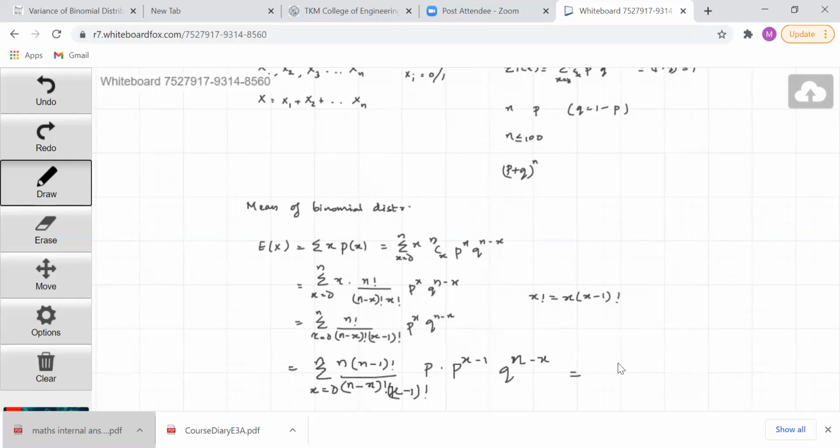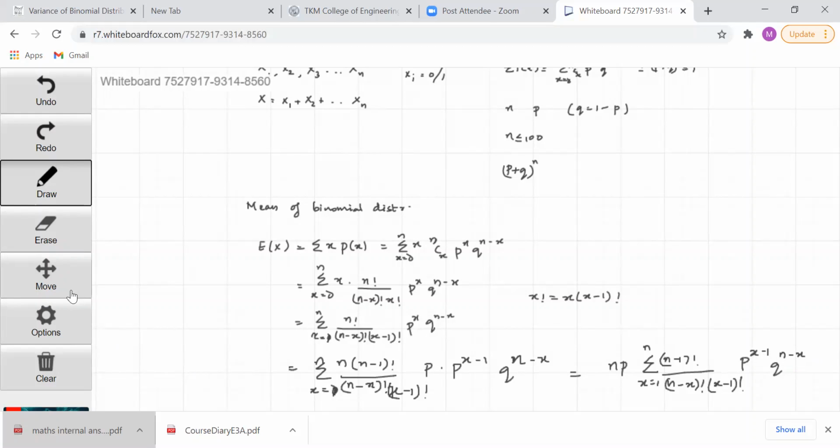So this is equal to, I'm taking np outside, summation. Since x, I'm deleting 1, x will be varying from 1 to n. Here also 1 to n, np summation x equal to 1 to n, n minus 1 factorial divided by n minus x factorial into x minus 1 factorial, p raised to x minus 1, q raised to n minus x.